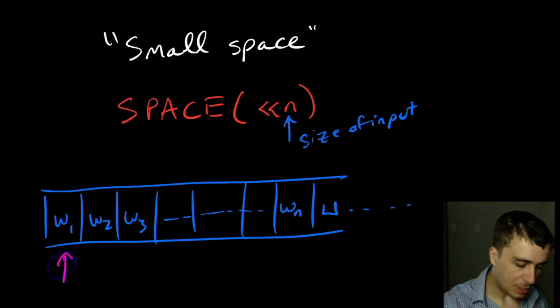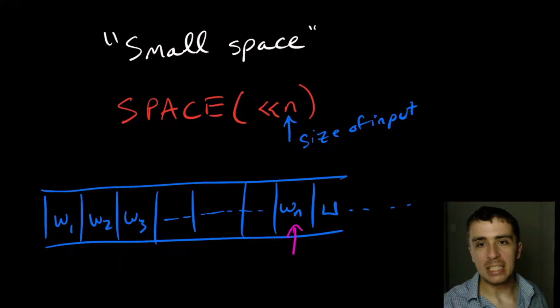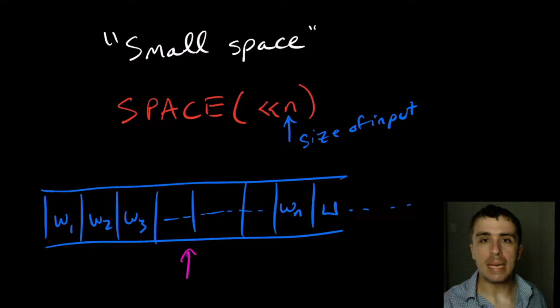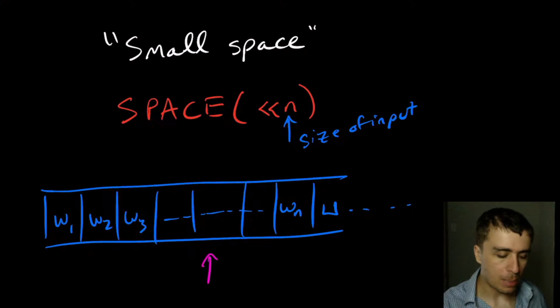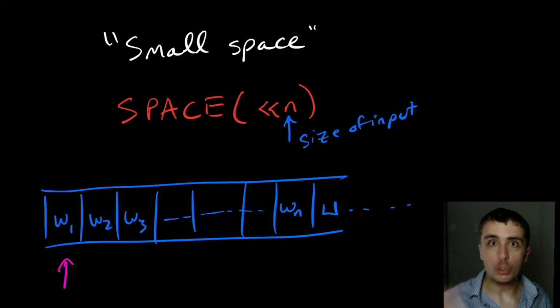But what happens if we move it right and don't access this end of the input? Maybe we only do the first half or something. You may think the space should be half of the original input, the furthest cell that we visit. The problem with that is that these cells over here, that last cell, is quote unquote used by the tape even though we don't actually see it.